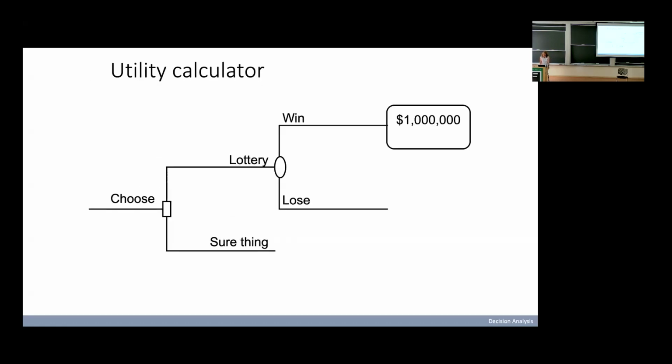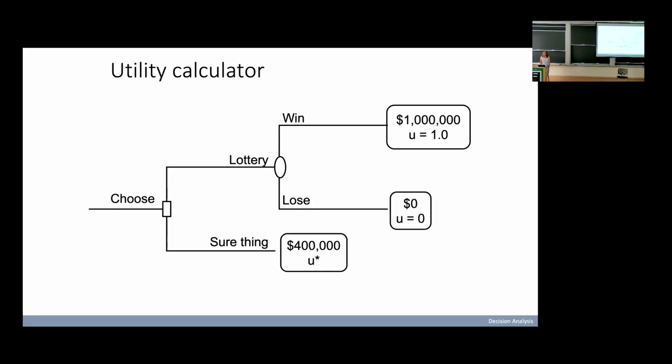So, figuring out what our utility is. Again, we have the money that you could win with each of the options. So we said that if we win $1 million, our utility is 1, so perfect. If we get 0, we get 0 utility out of it.